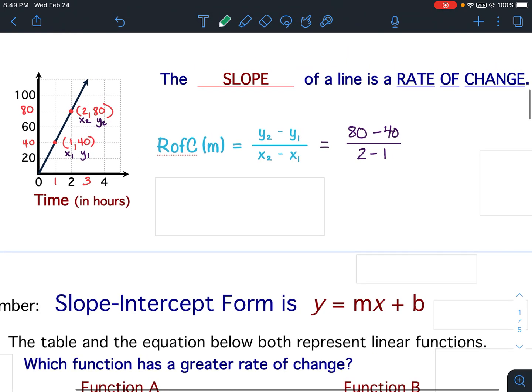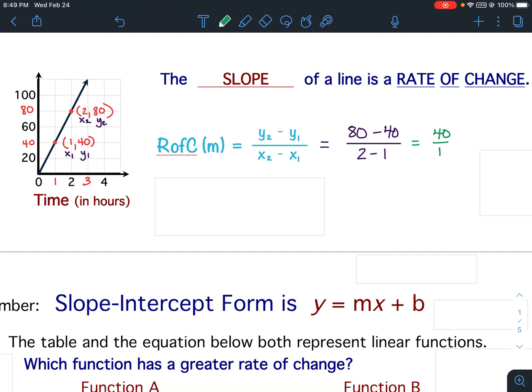If I simplify this, 80 minus 40 is 40. 2 minus 1 is 1. So it would be 40 over 1, which is just 40. That is one way to find the slope. Use 2 points. Use your formula, y2 minus y1 over x2 minus x1.